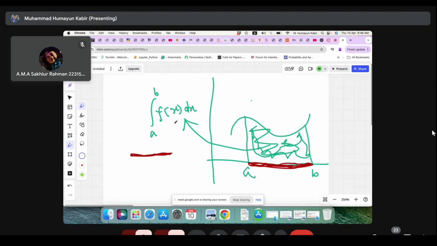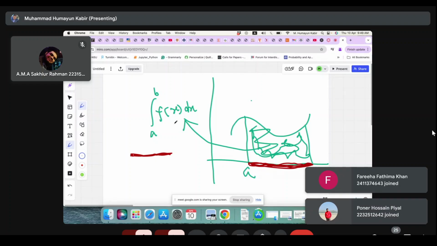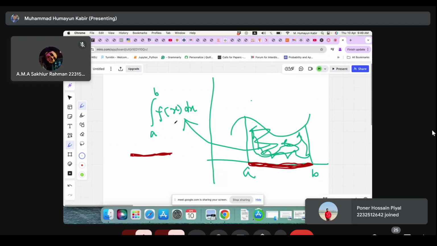The single integral is always defined on a straight line, and that straight line is a part of x-axis. Understood? Whatever the single integral is, always it is defined on a straight line, and that straight line has to be a part of x-axis. Understood? Is it okay? Yes. Okay.